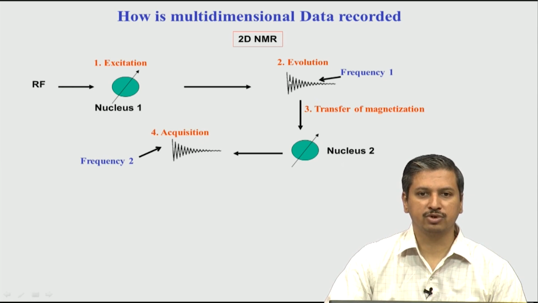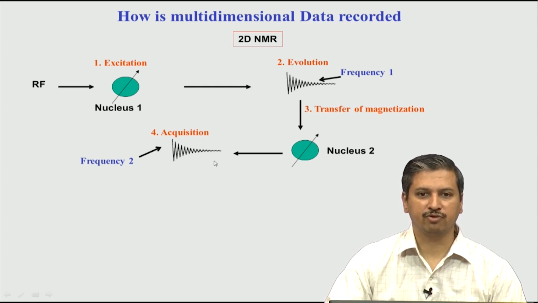So, that evolution of nucleus 1 is indirectly present in whatever transfer happened, and when you further excite and create a second FID, that information is actually present in it.